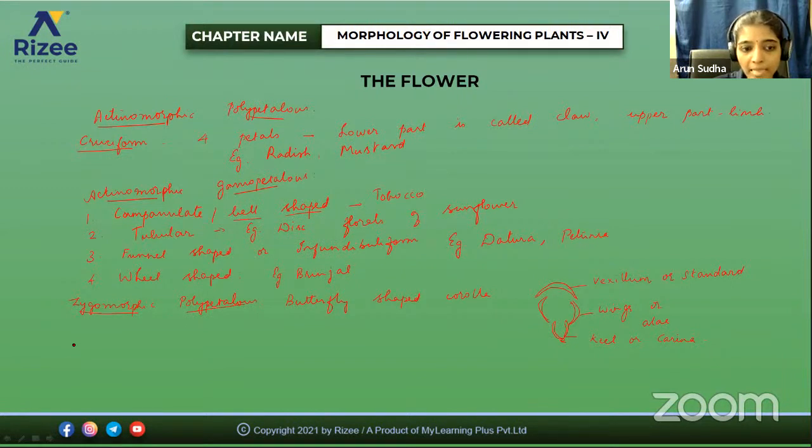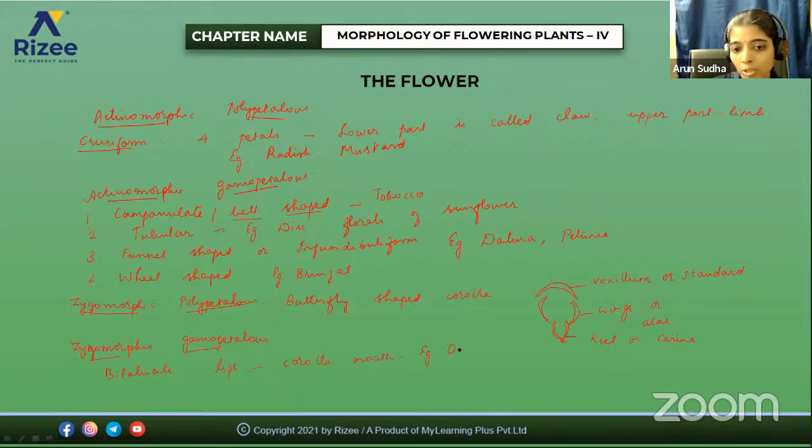And the next is the zygomorphic gamopetalous. So here there are two types. One is bilabiate. So here it is divided into two lips. That is, the petals are divided into two lip-like structures, and the place in between the two lips is called the corolla mouth.